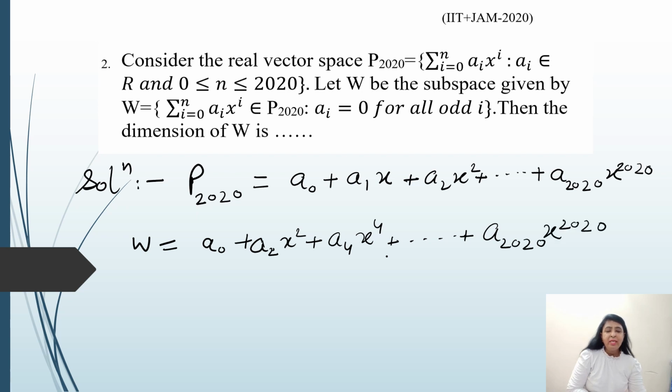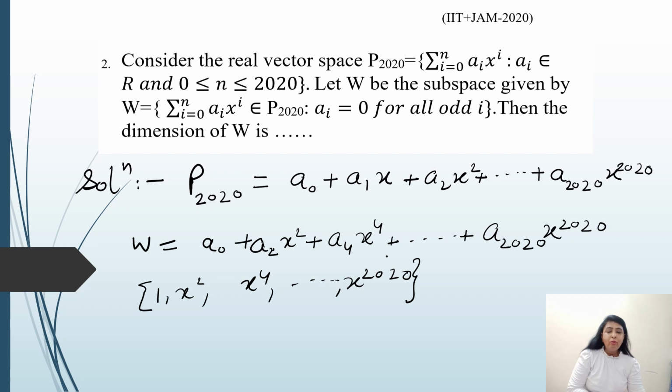Now you can see the basis for W: 1, x square, x4 and so on, up to x 2020.